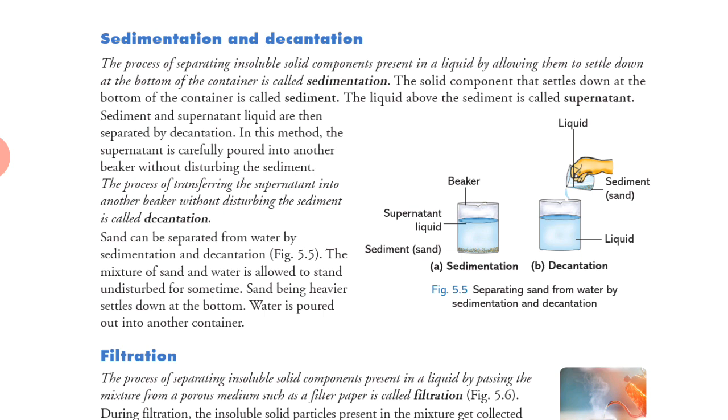The liquid above the sediments is called supernatant. Sediments and supernatant liquids are then separated by decantation. In this method, the supernatant is carefully poured into another beaker without disturbing the sediments.